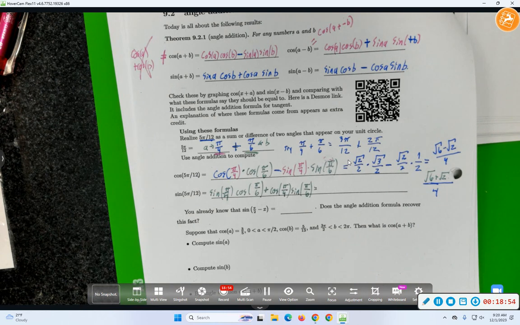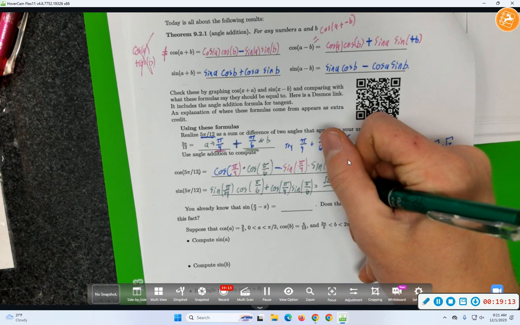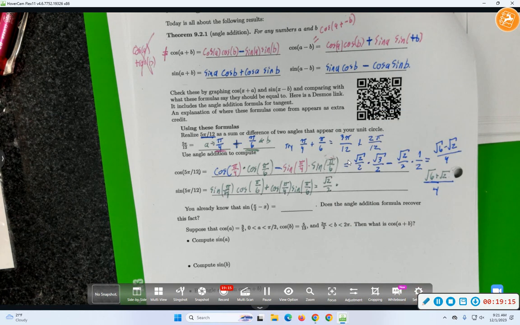So far, so good? All right. Are those all angles that you see on your unit circle, so you just know it there? Yeah. What's the sine of pi over 4? Root 2 over 2. Cosine pi over 6.